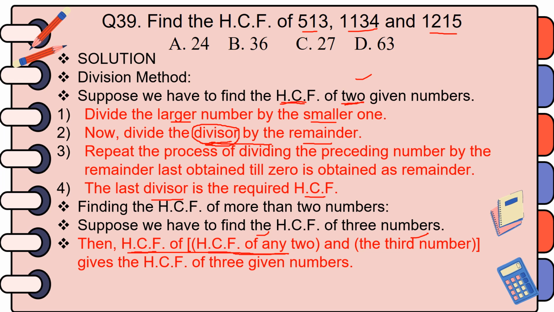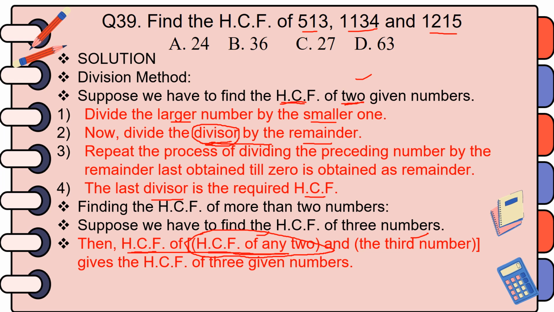What you are going to do is that first find the HCF of any of the two numbers. Then HCF of any of the two numbers is a certain single number. So on the second step, find the HCF of the third number and the HCF of any of the two numbers.